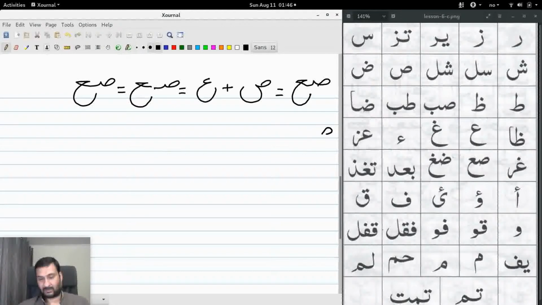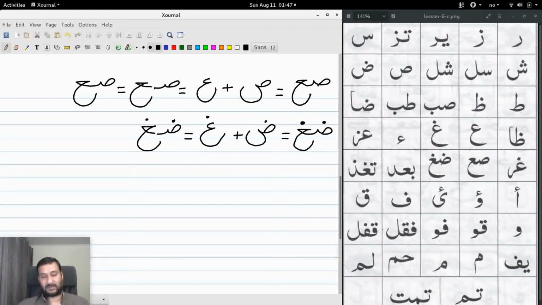So let's write Dad Ghain. So Dad has its dot and Ghain also has its dot, and let me write that here. It's made up of Dad plus Ghain, and Dad is in the beginning of the word, so Dad takes this shape and Ghain takes this shape.